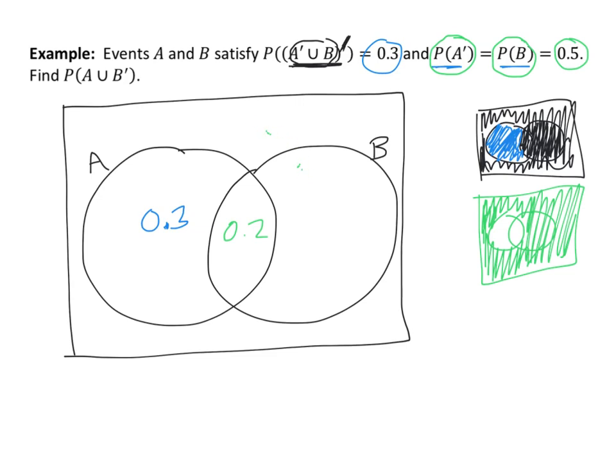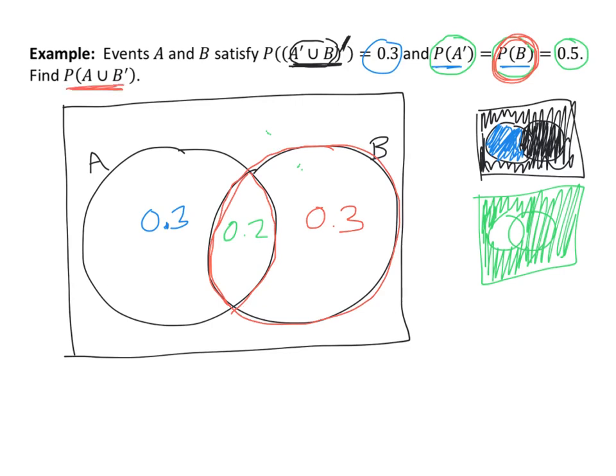Okay. Then as we continue on, we're told that the probability of B is 0.5. So that means that this entire circle has to be 0.5. But if that circle's 0.5 and this part right here is already 0.2, it means that this part has to be 0.3. And I hope you notice, I don't even really care what the question is yet.